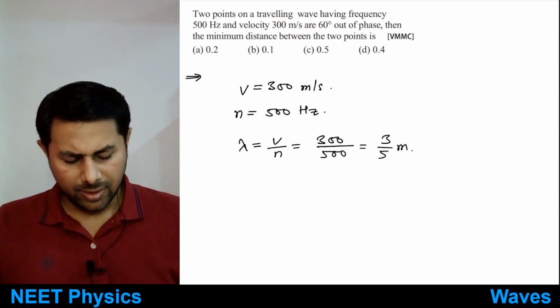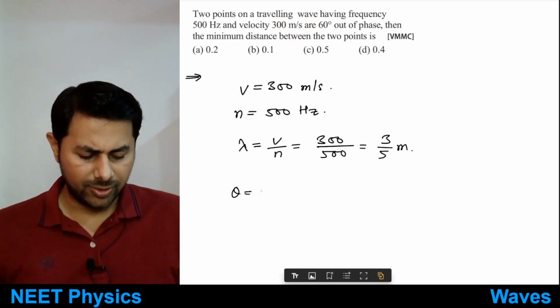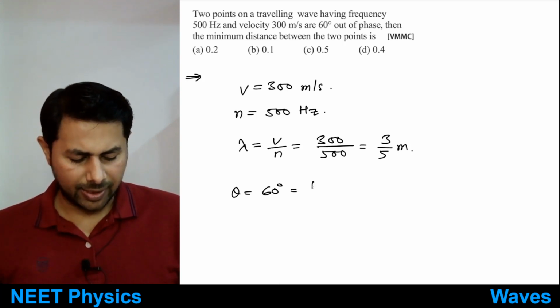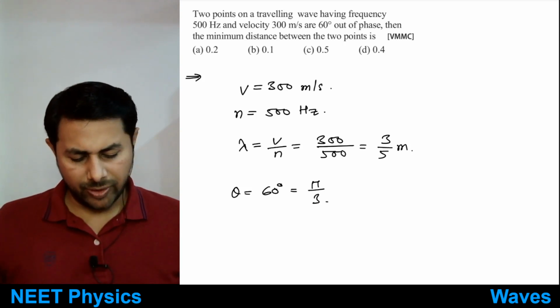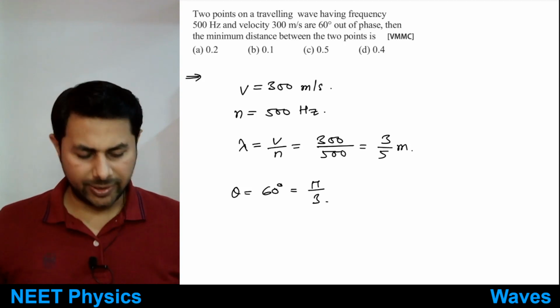And then the two points are 60 degrees out of phase, means theta is equal to 60 degrees, that is pi by 3. And we want the distance between these two points.